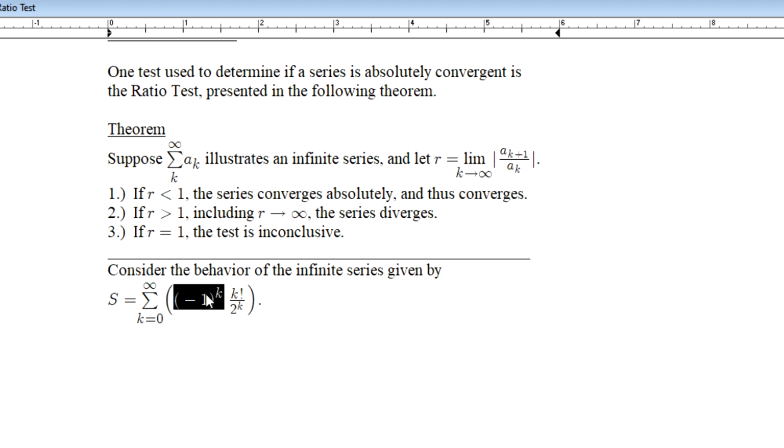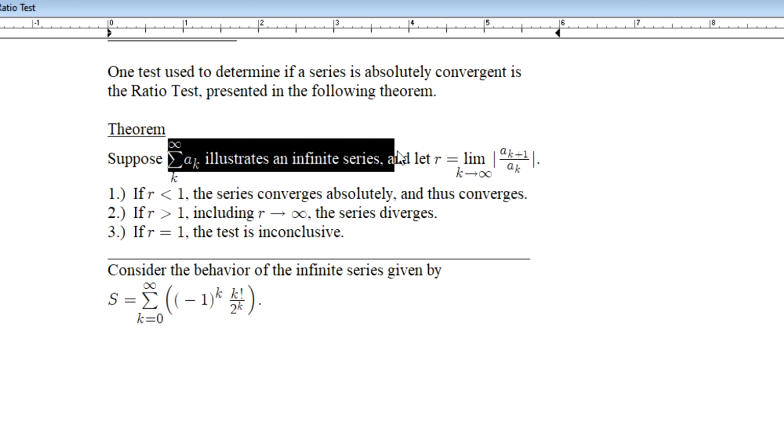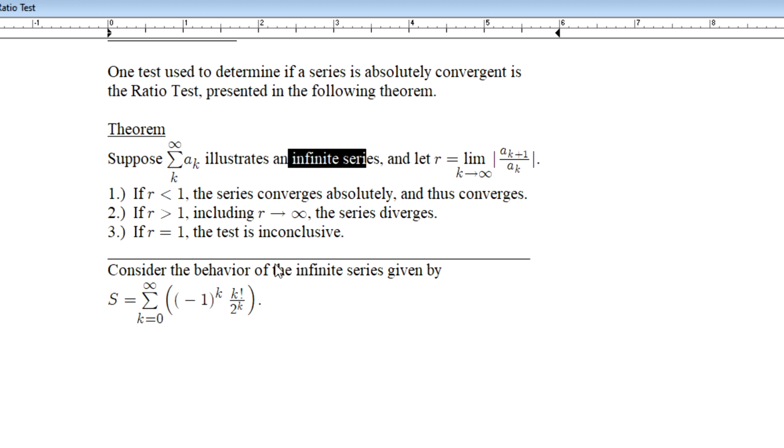We understand that if it's a factor inside a series, it is going to cause an alternating behavior. This series is going to alternate between positive and negative in value. Each term will. So, yeah, the ratio test is appropriate here. It can actually be applied here. This applies to any infinite series as well as alternating infinite series.